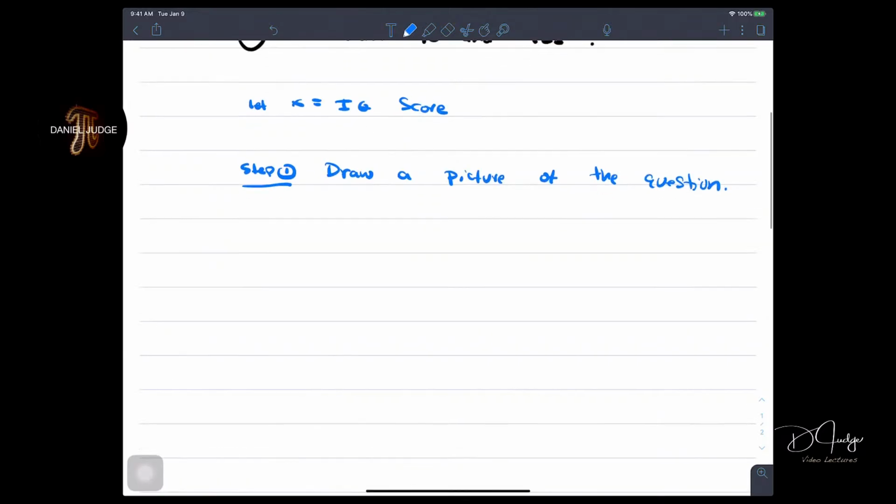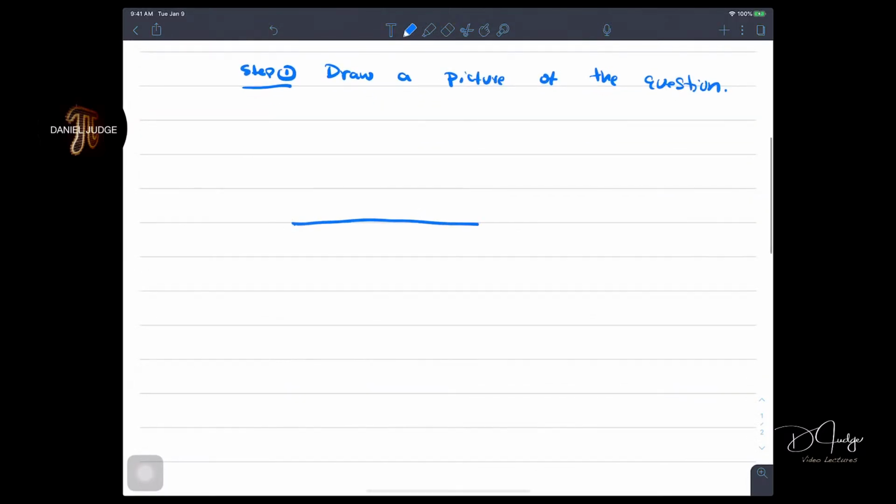So here's your first step. In order to draw a picture of the question, you know what X represents: it represents IQ scores. You're going to draw your bell, and in the center of the bell, always put your mean. So remember, this is mu. This is a normal distribution, and this real number line represents X values, by the way.